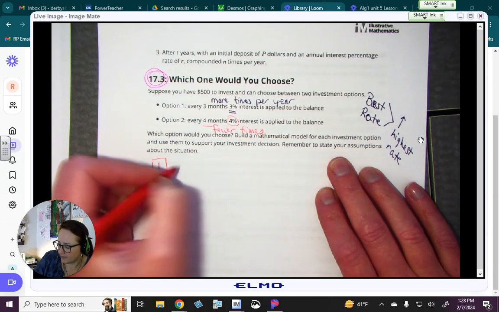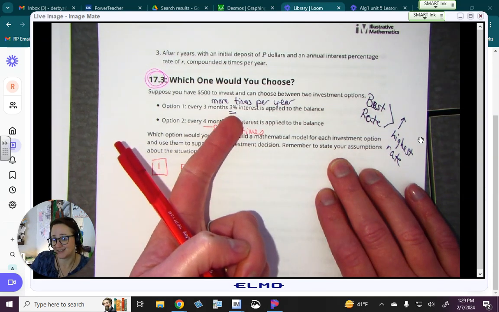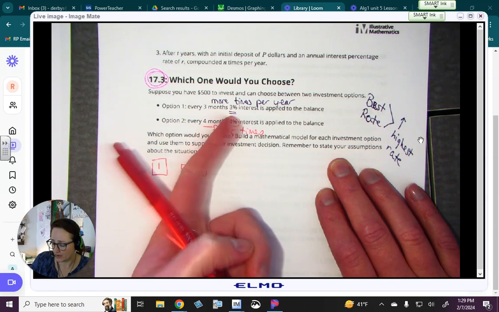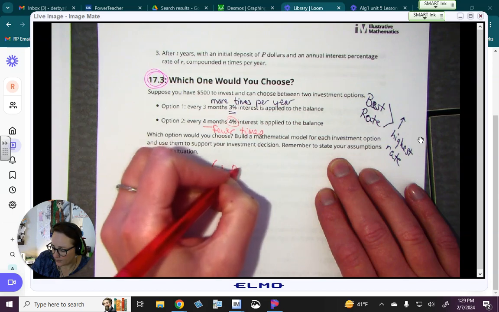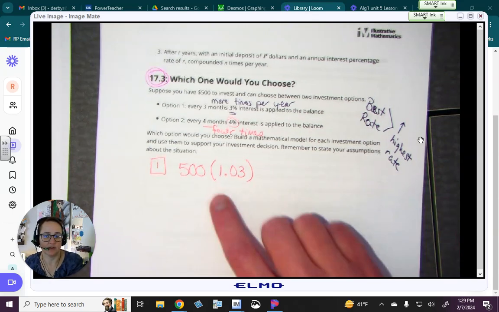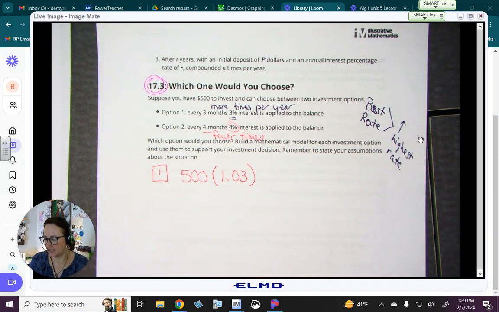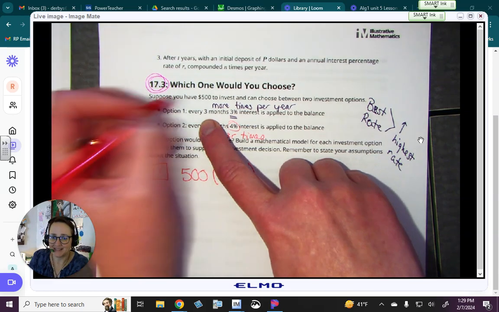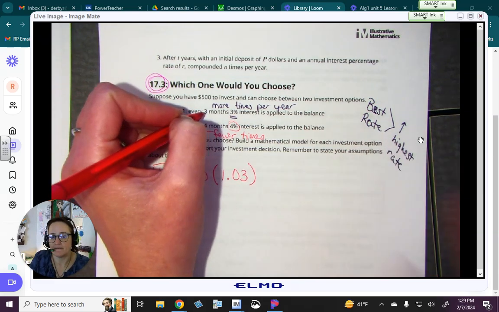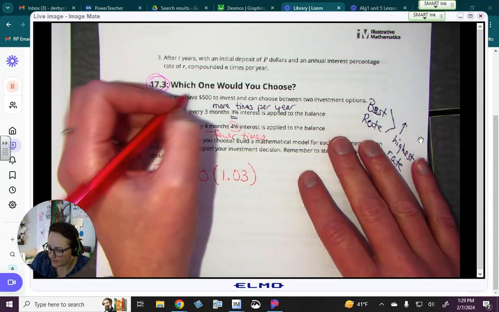Option 1, we have $500 that we are investing. It is gaining 3% interest. 1.03 is my multiplier. That's the 100% plus 3% interest on top of it. And it's going to do that every 3 months. This means that it's going to happen 4 times a year, quarterly.